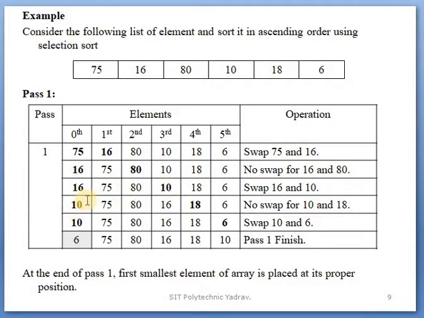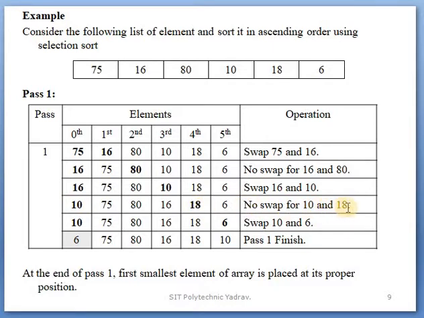After that, at the 0th position, the number 10 is compared with the next, 4th position, or 4th index. You can use the word position or index. Okay, 10 is compared with 18. 10 is not greater than 18, so no swap.